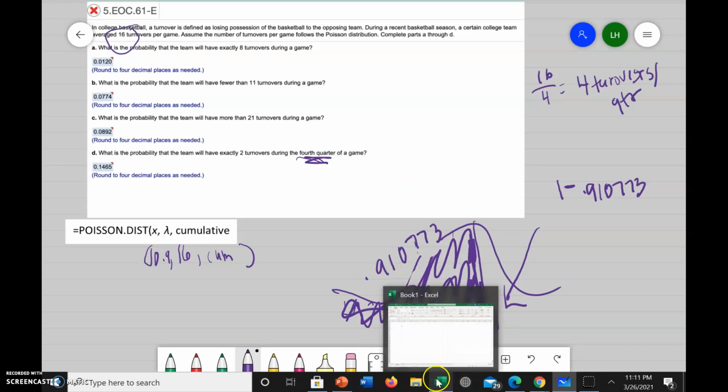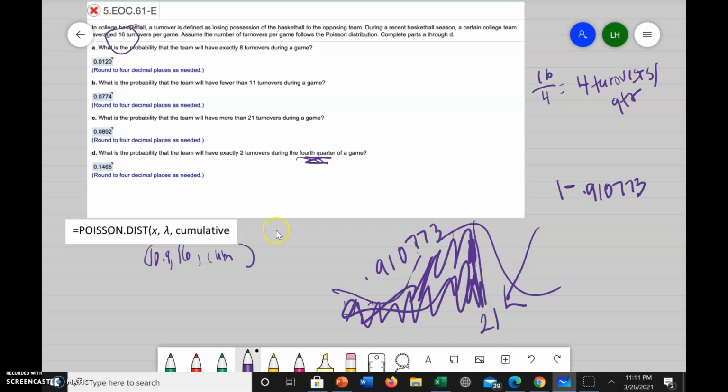So we're going to change X to be 2 turnovers in the fourth quarter, and we average 4 turnovers in the fourth quarter, and we don't want it to be cumulative because we want exactly 2 turnovers.